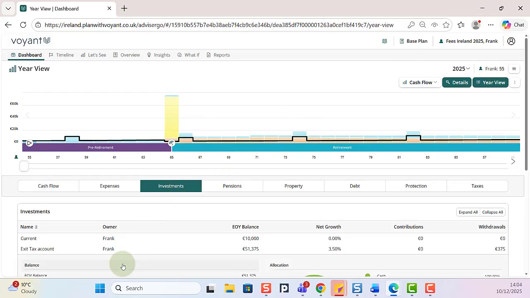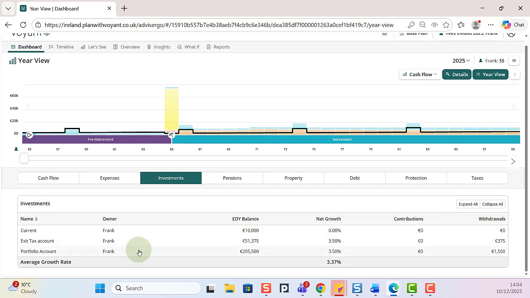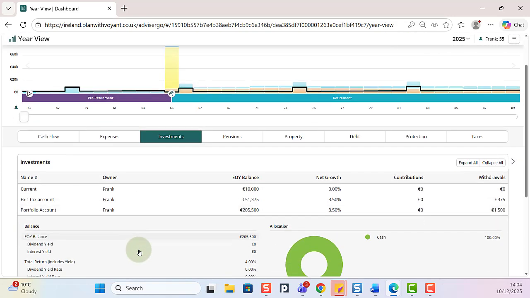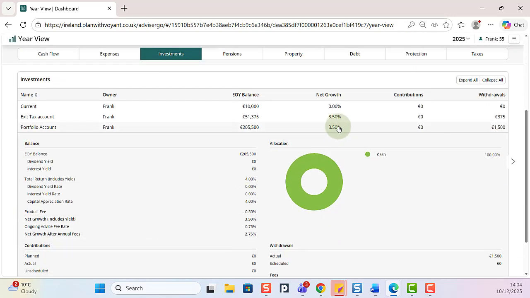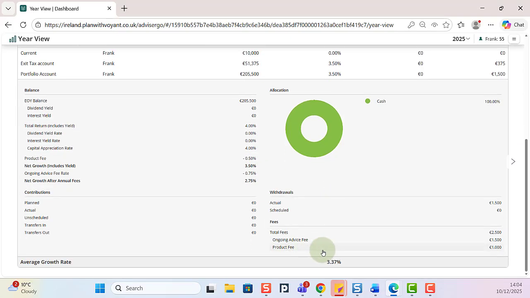So again, let me go back to dashboard, let me go back to year view, and I'm going to go to the investments, and I'm now going to look at the portfolio account. Again, you will see the product fee of 0.5 is taken from the gross growth rate. You can see growth rate there, less the product fee. For information only, you will see the value of that product fee here.